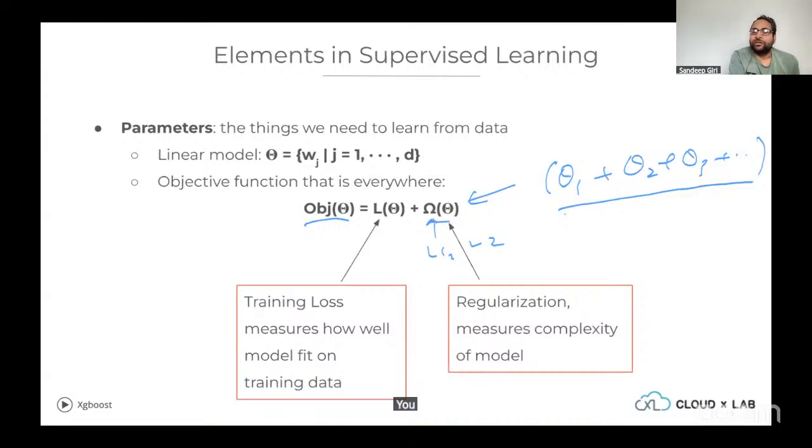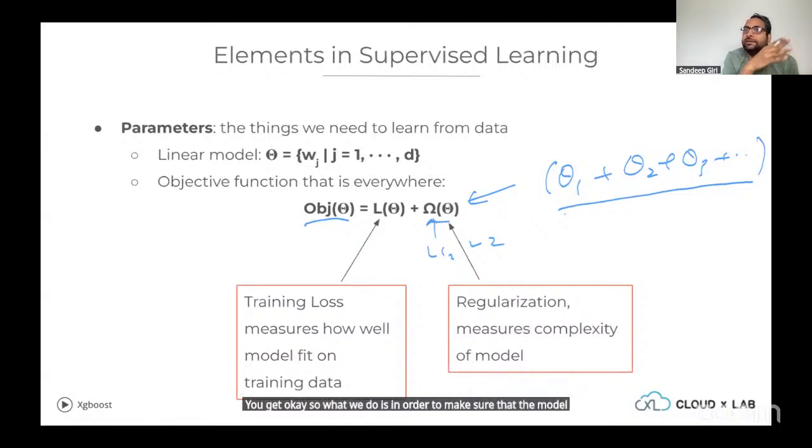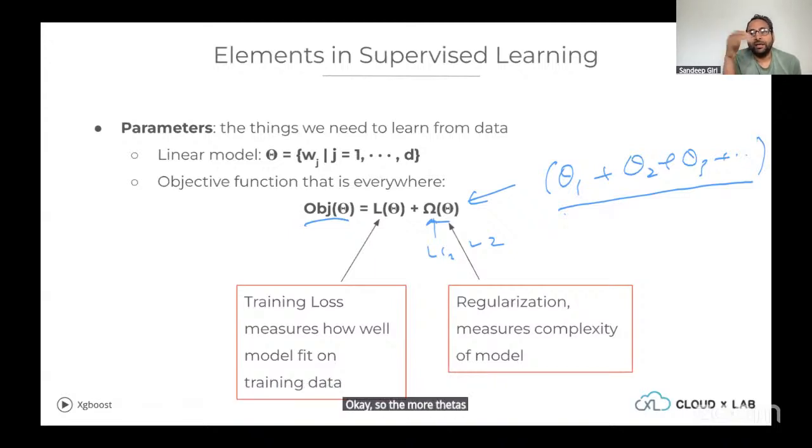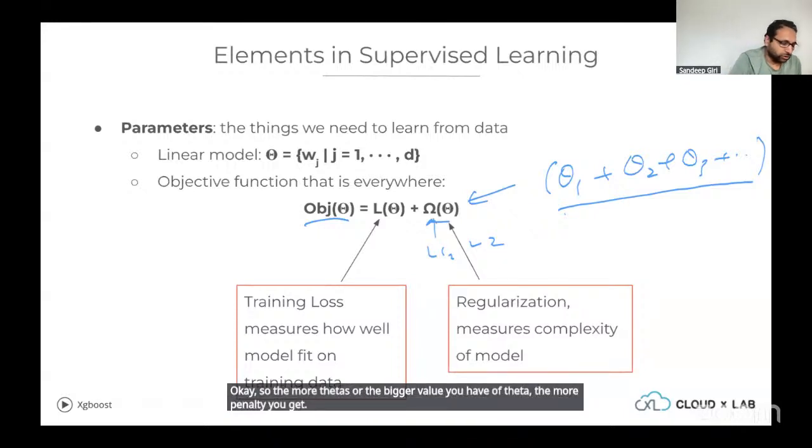So in order to make sure that the model does not memorize everything, we give it a penalty on too many of these thetas. The more thetas, or the bigger values of theta you have, the more penalty you get. So you have two terms.